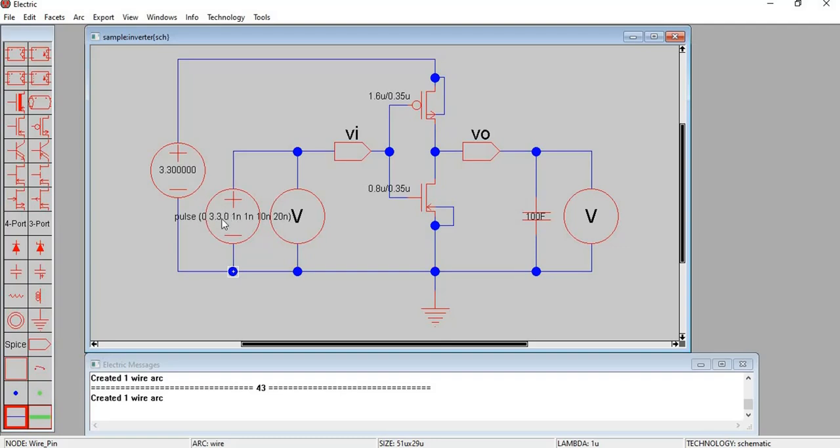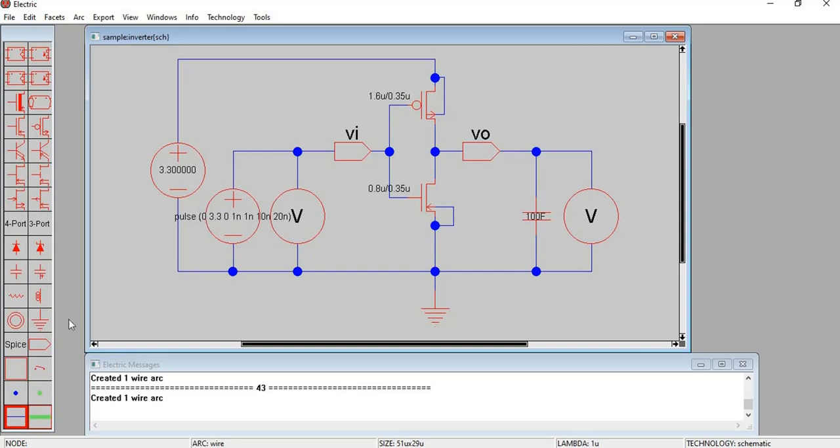The next 0 is just the delay, so I'm not going to set any delay. 1N is the transition time from low to high and high to low of our waveform. 10N is the time that the pulse is on. 20N is for the period. Those are the corresponding values for our pulse.